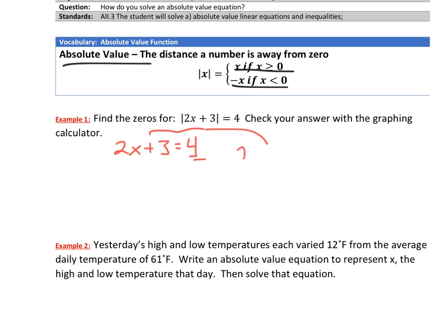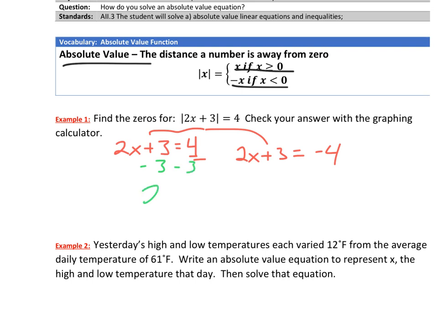The other number is if the inside of the bars, 2x plus 3, could also be negative 4 instead. That would also give the same result of the absolute value being a positive 4. So we break it apart like this, and now we just solve each equation individually.